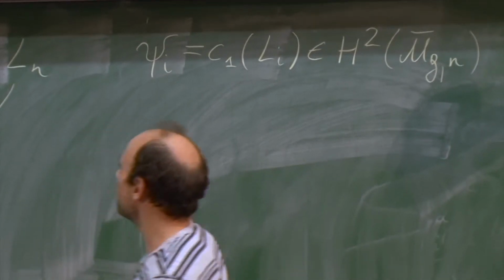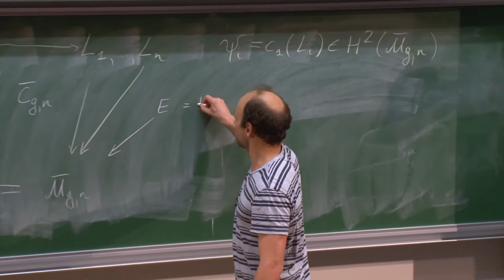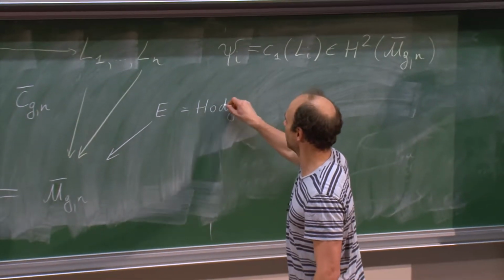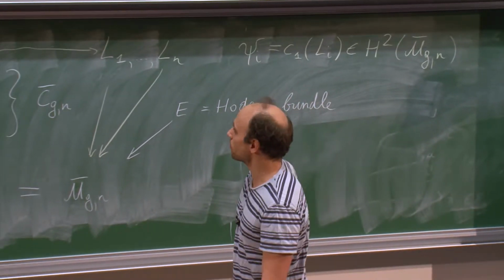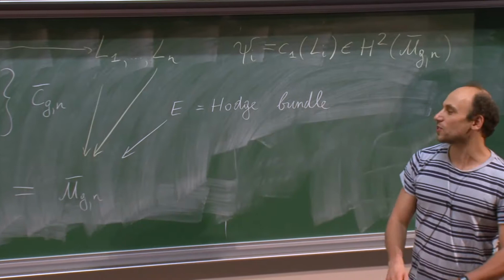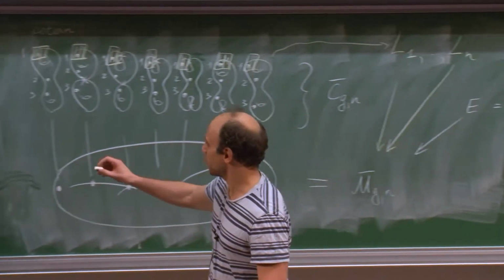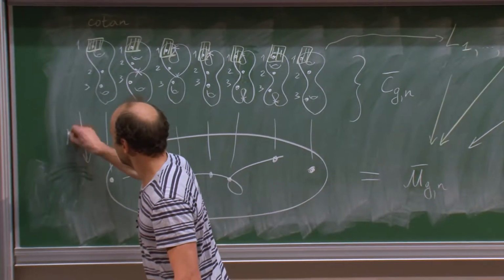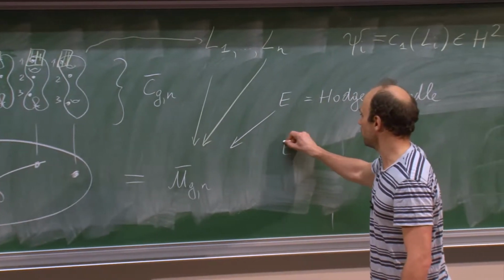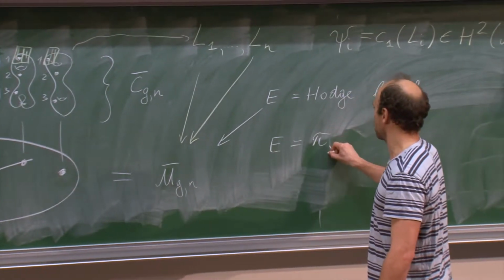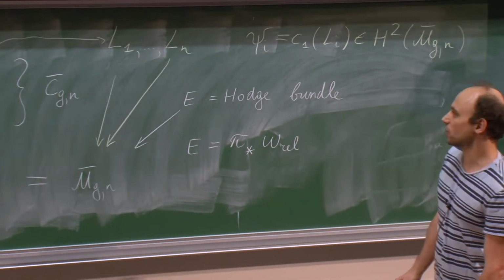And then you also have the Hodge bundle. The fibers of this Hodge bundle are spaces of abelian differentials. Let me call this map pi, and then E is the push forward of omega, the relative cotangent line bundle.